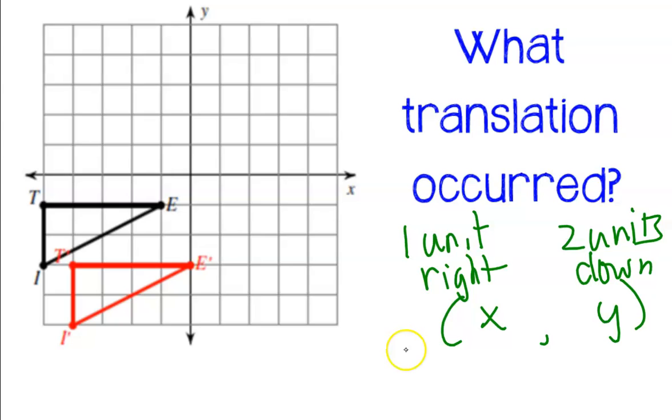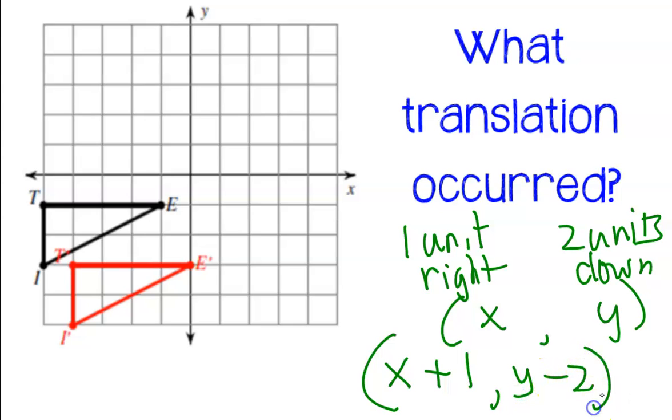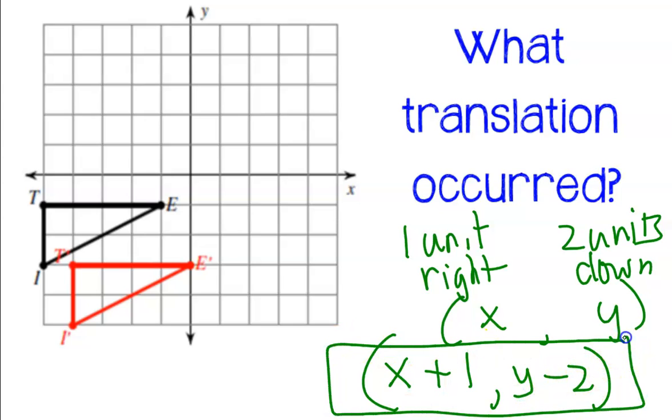So if you're moving 1 to the right, you're taking your x coordinate and you're adding 1. That's a rule. And if you're moving 2 units down, you're taking your y coordinate and you're subtracting 2. That is how you write a rule. You simply show what happens to the coordinate numbers. And when you're translating, you're adding or subtracting.